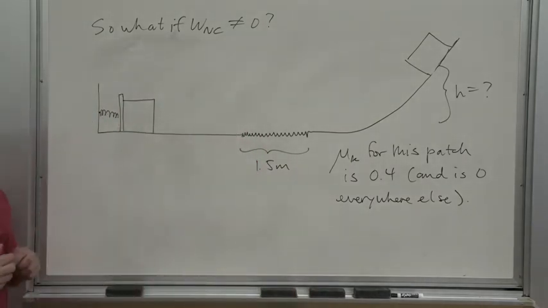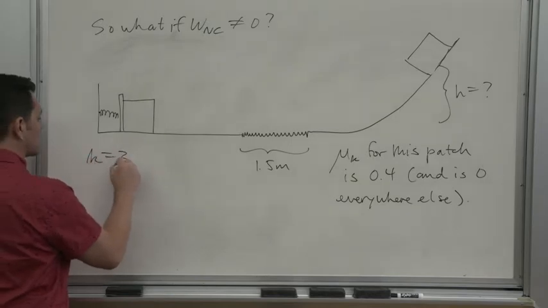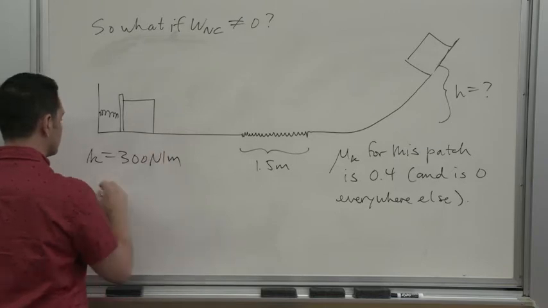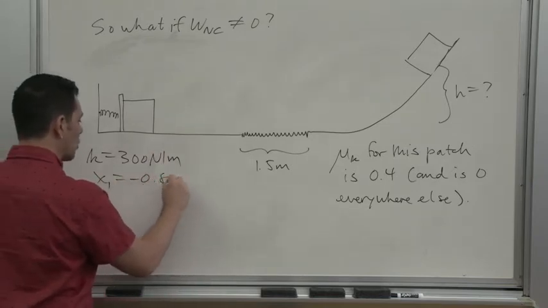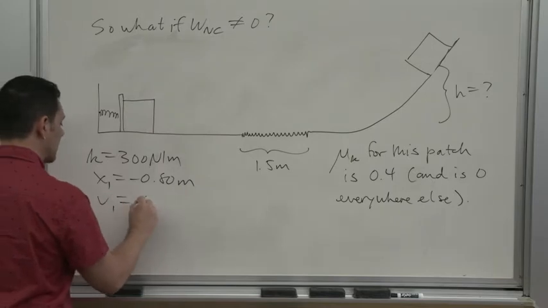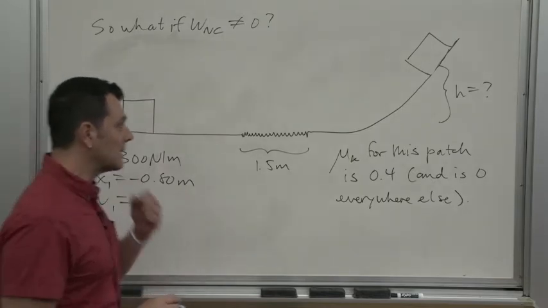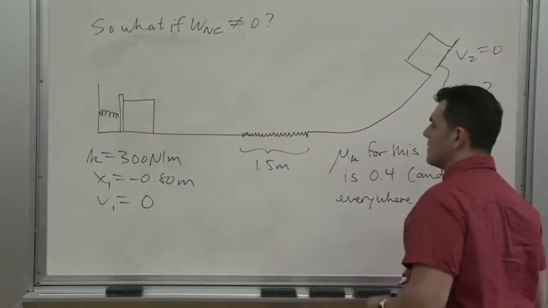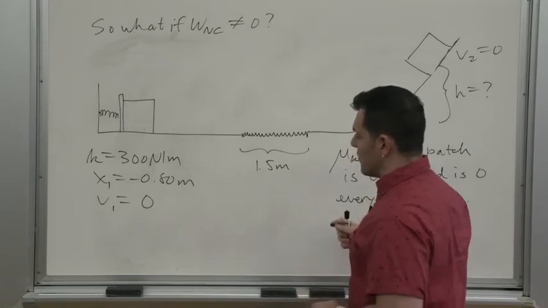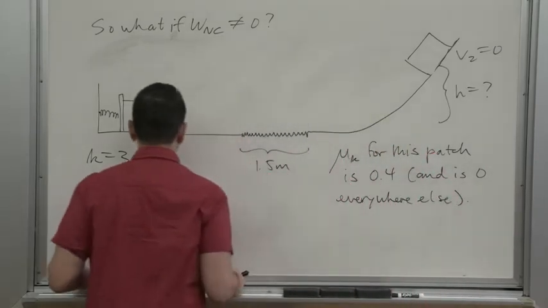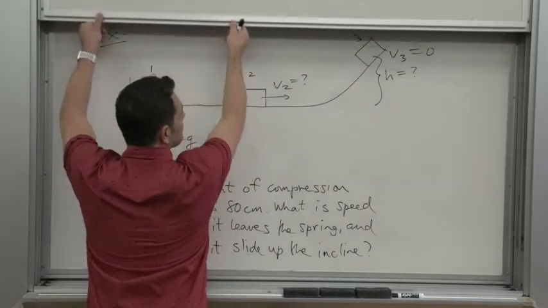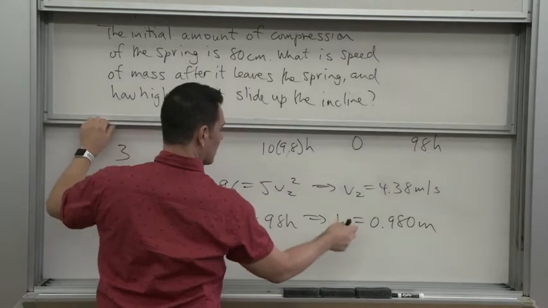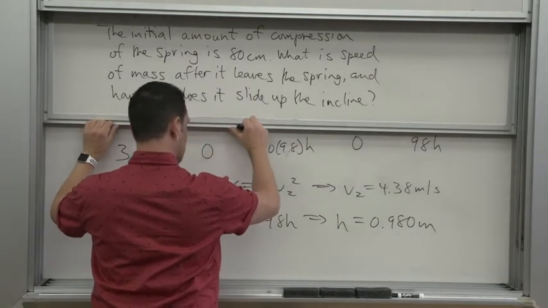So we have a mass pressed up against a spring. The spring constant is 300 newtons per meter. The initial compression of the spring is minus 0.80 meters, and the initial velocity is 0. The final velocity up here, v2, is 0. And we know what the answer was before, right? The answer before was, what do we get for h? 0.980, right?